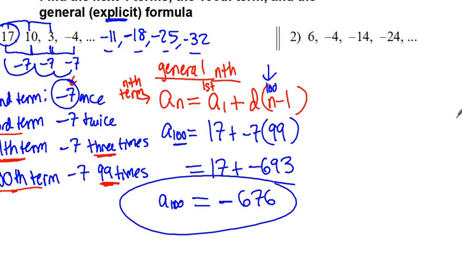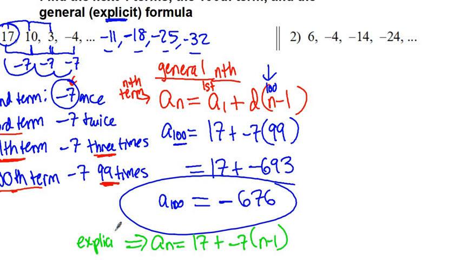And actually, one thing to note on this one, the general formula for this, because that was the last thing they asked us, the general formula is 17 plus negative 7 times n minus 1. This is what's called the explicit formula. And the reason it's called explicit is because now we can use that to find absolutely any term that we want.